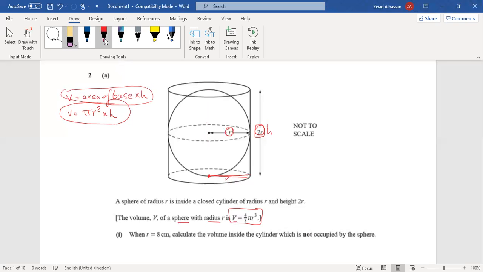Now, when r equals 8, calculate the volume inside the cylinder which is not occupied by the sphere.